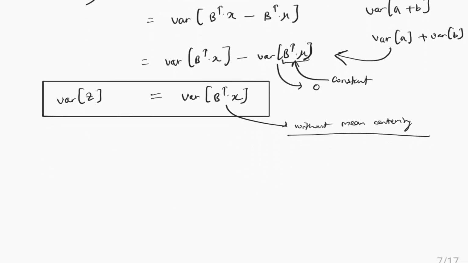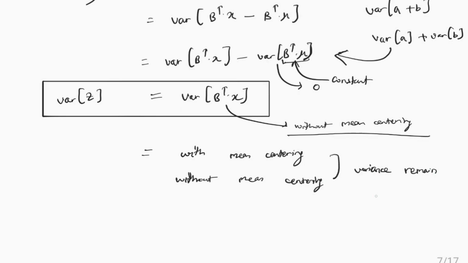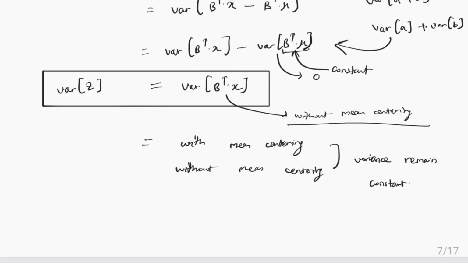So everything is equal. It means even with mean centering and without mean centering, the variance remains constant. So it doesn't affect the variance of data even if we do the mean centering of the data. So that is why we can do the mean centering of data.